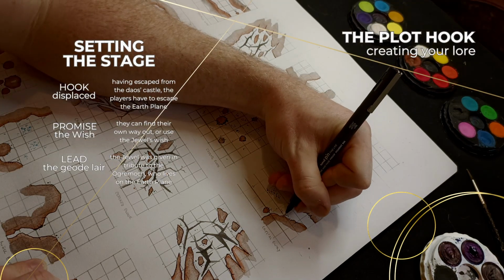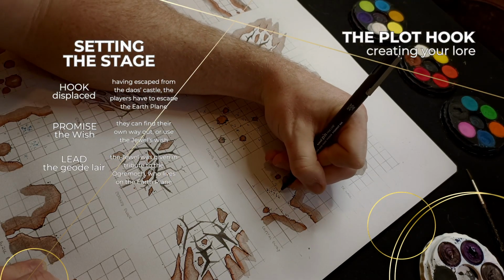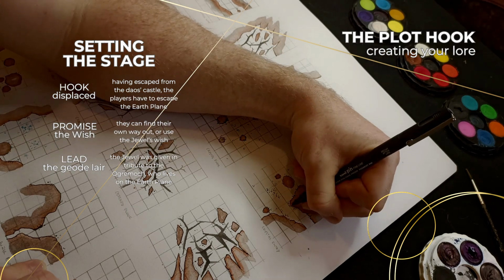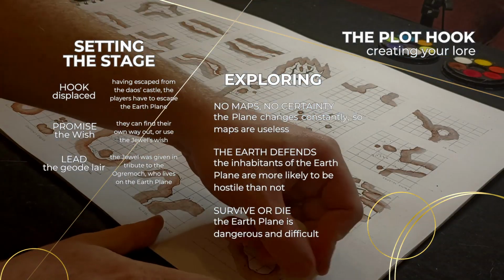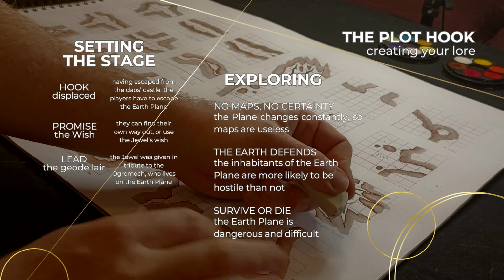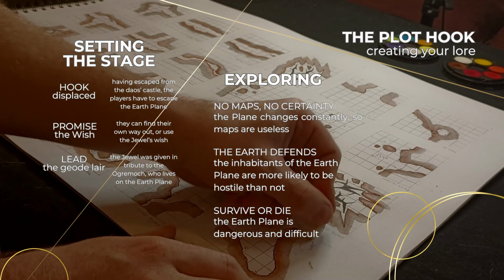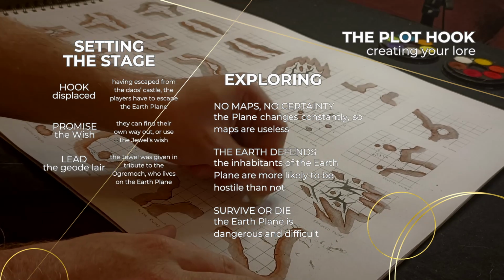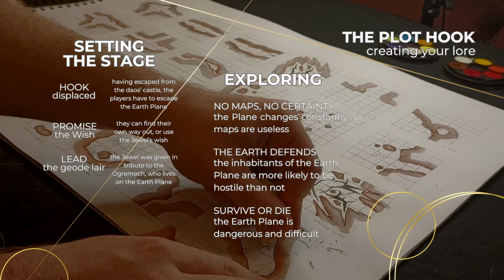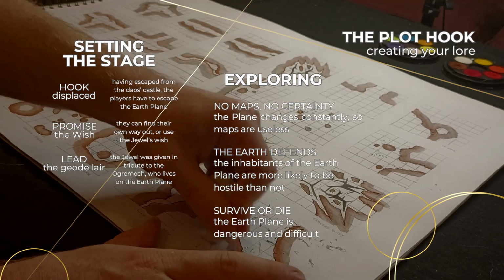From that point A to point B, before they can confront the Ogremok and claim the jewel, they have to make their way through the winding cracks and tunnels and passageways of this unending expanse of dirt and rock, which is extremely dark.